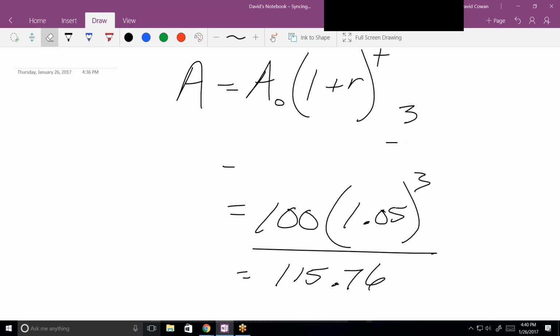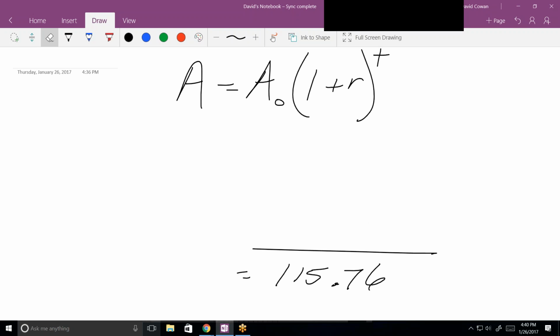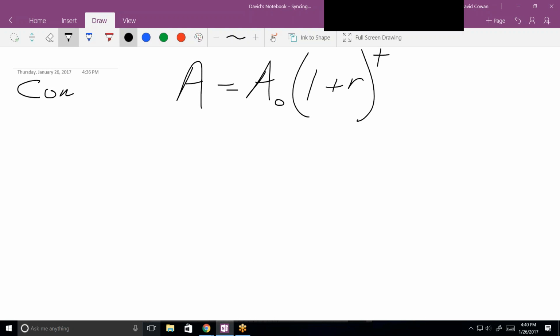That one there is the general formula if you compound it yearly, and that's what most banks do. Not all. Some will give you a deal and they'll compound it every 3 months. But this one's compounded yearly.